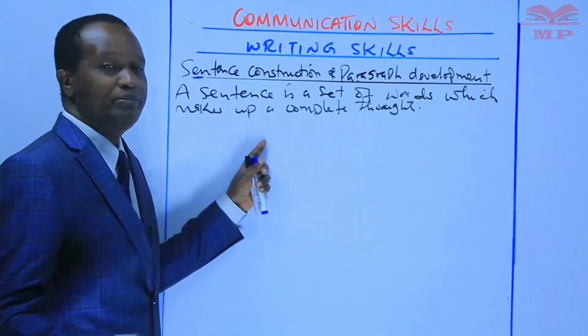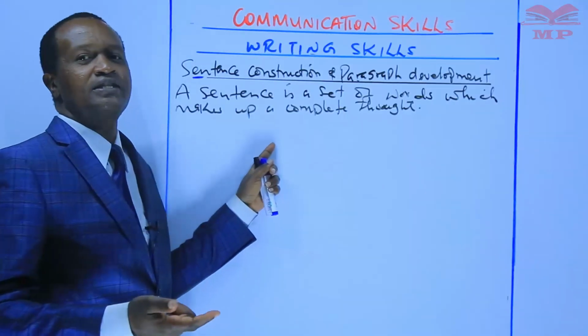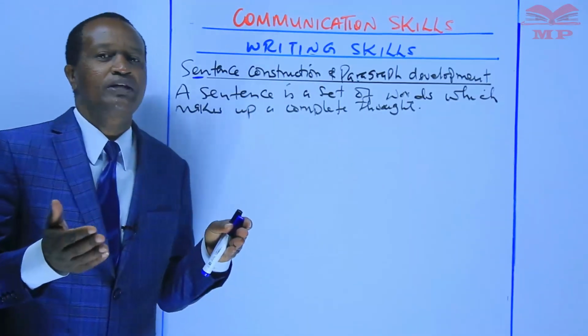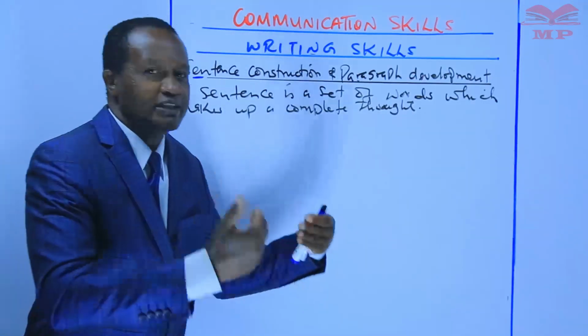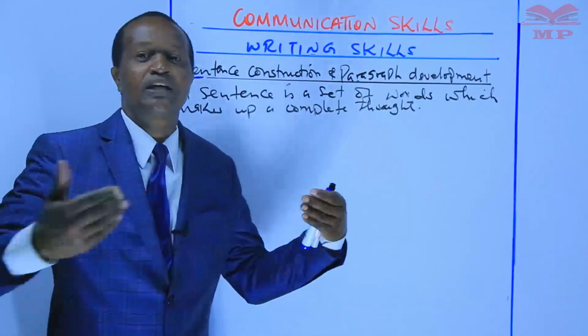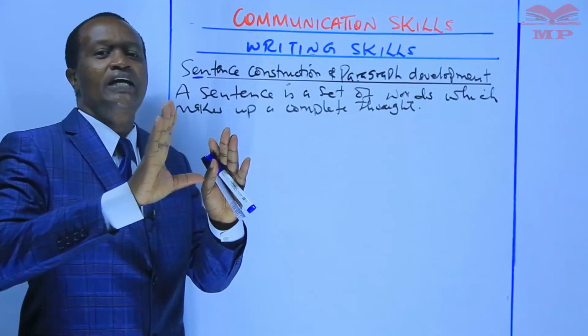And in every business communication or business writing, sentences should be written clearly in order to enable the reader to understand the message that is being conveyed. So that's the meaning of a sentence.